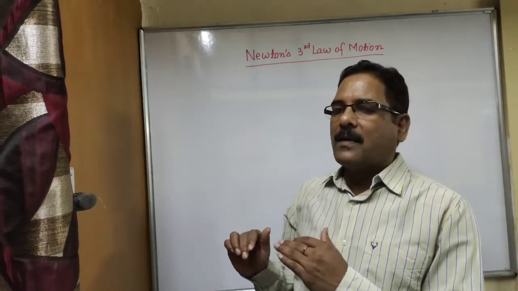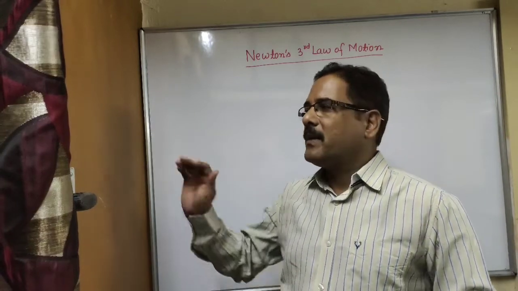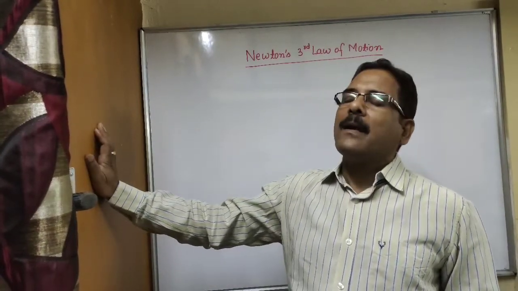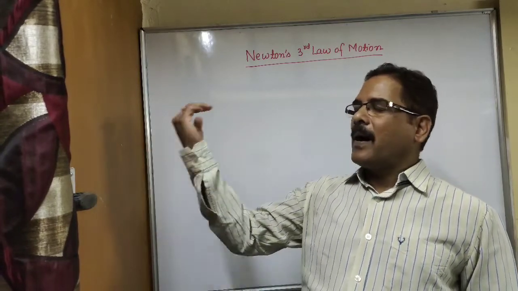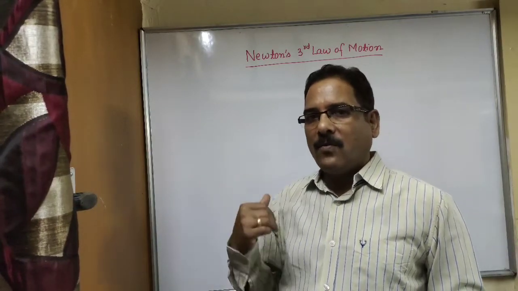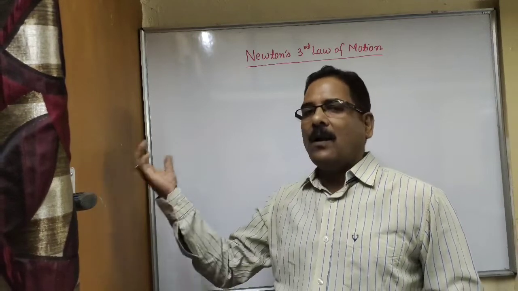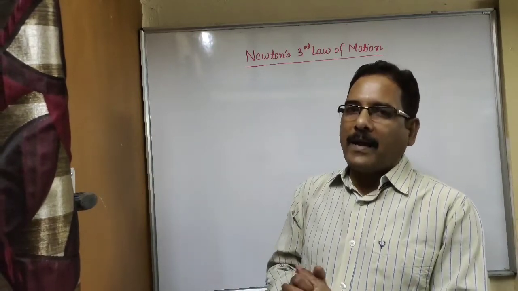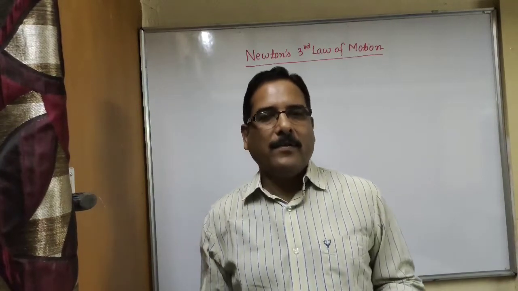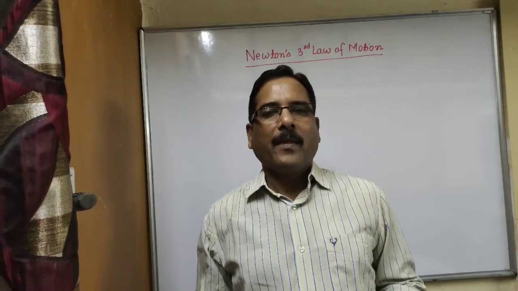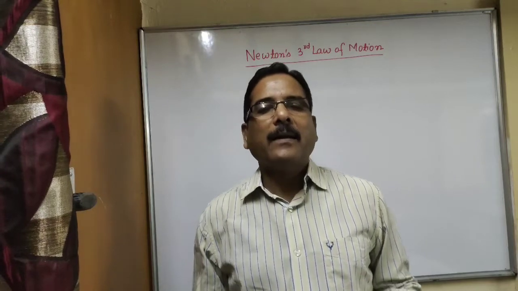The force exerted by the first object on the second is the action force, and the force exerted by the second object on the first, that is the wall on me, is the reaction force. These two forces are always equal in magnitude, but they act in opposite directions.